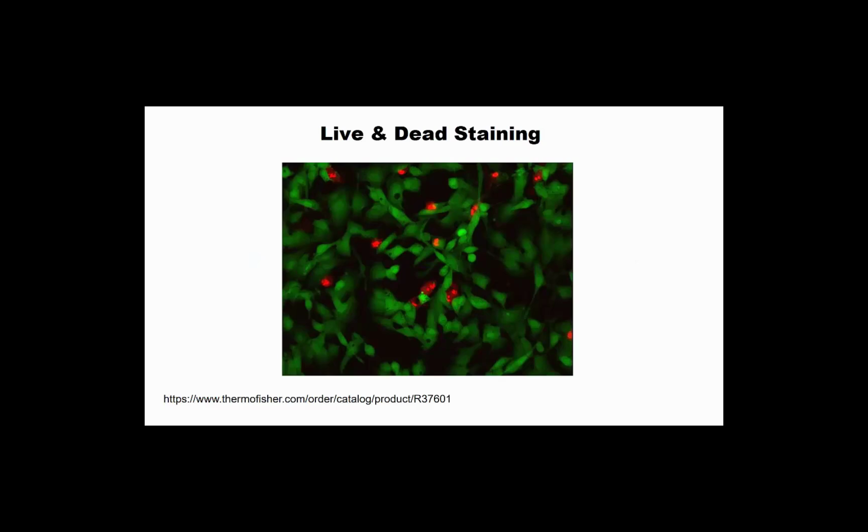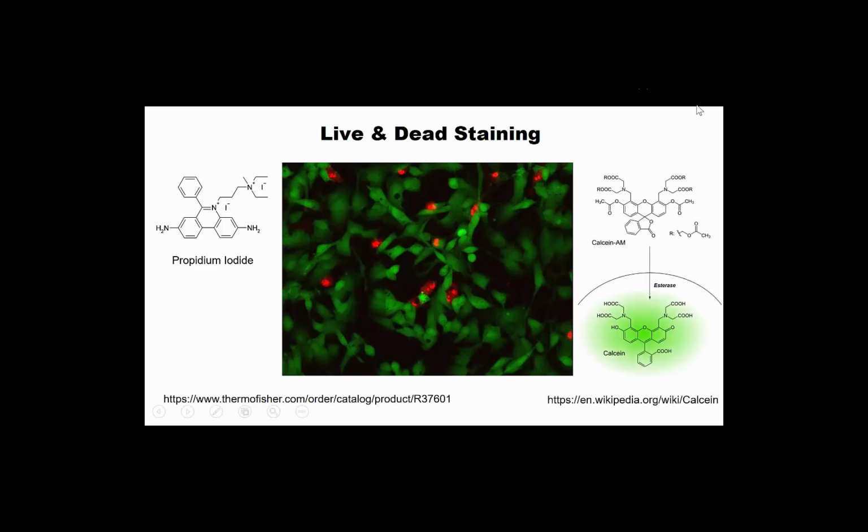How about this? In this image, the red color shows dead cells and the green color shows live cells. The red dye is propidium iodide, which can penetrate only a broken membrane and then stain the DNA. And this green dye is calcein ester. It can enter into the cell, and then by esterases, the ester bond is cleaved, and this green dye can be captured inside the cell.